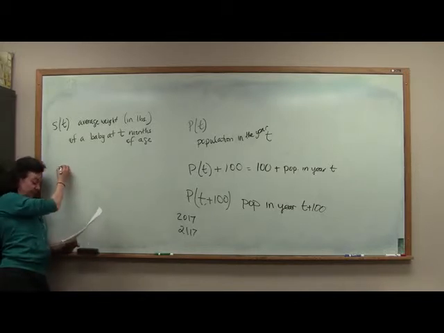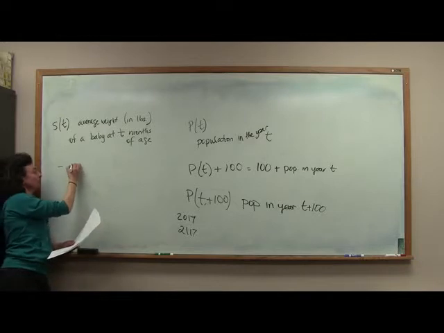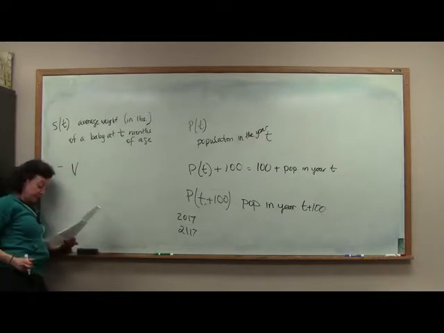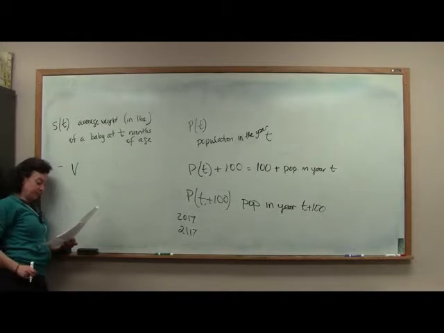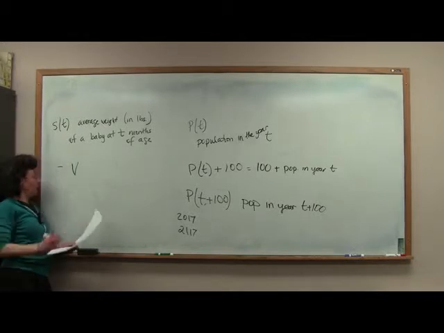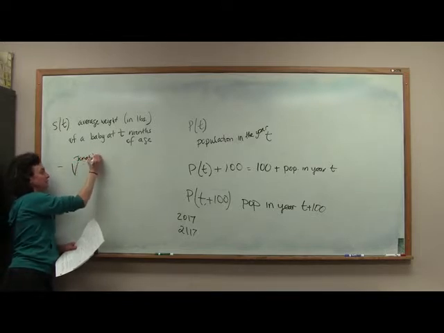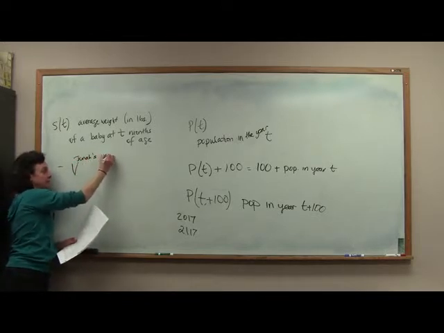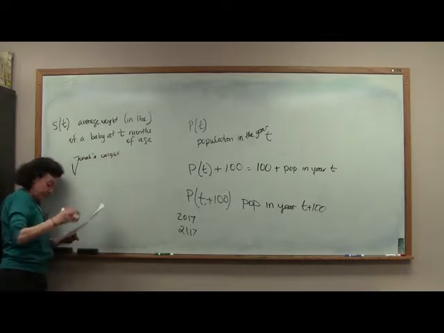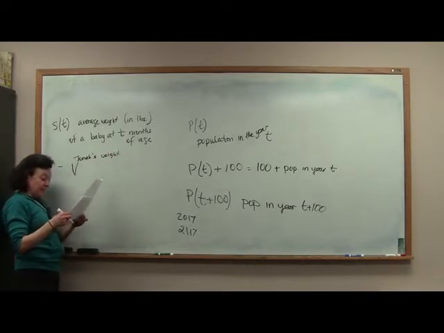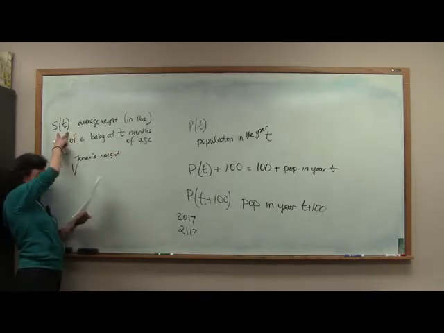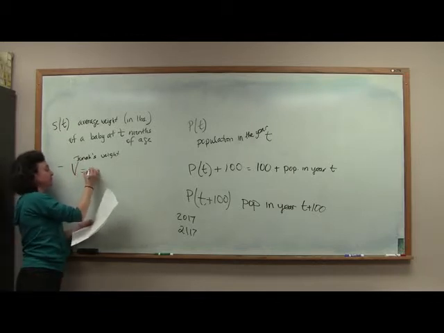So for this first guy, we're going to define V. This is the weight of a particular baby. Say his name is Jonah. So this is Jonah's weight, and it is related to our average function as follows.